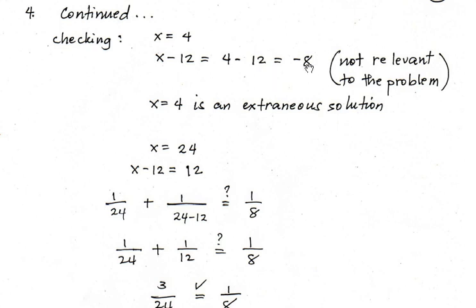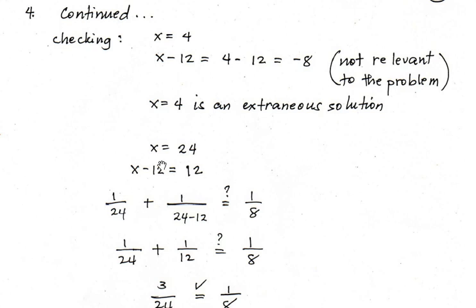Since this is not relevant to the problem because it will give us negative 8 hours, and there is no such negative hours, it has to be a positive quantity. So x equals 4 exists as a root, but actually it's an extraneous root or extraneous solution because it will make the problem not true or not relevant.